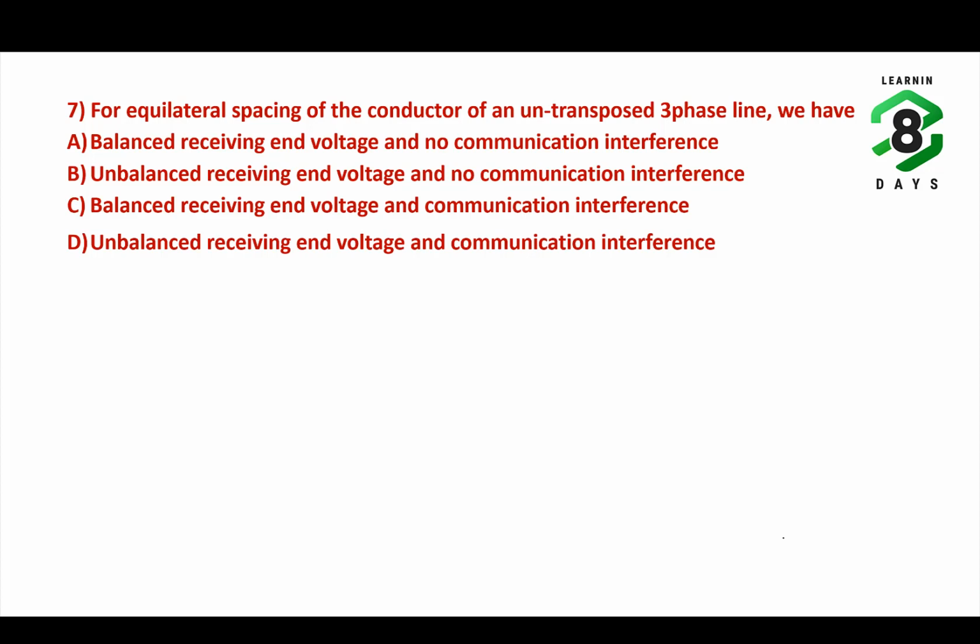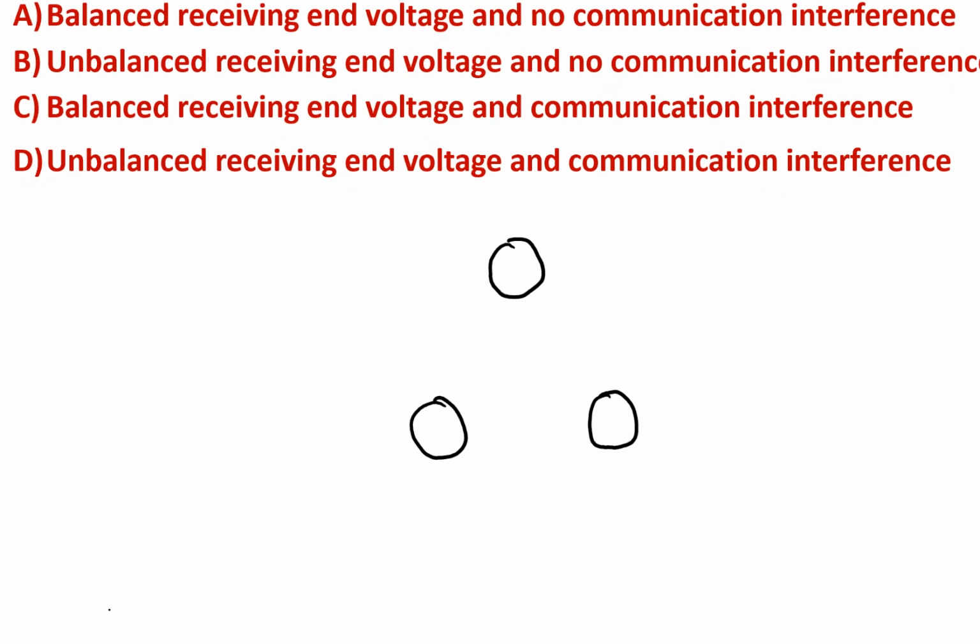When you place the three conductors in the form of an equilateral triangle, that is, if you maintain the spatial symmetry between the three conductors of a transmission line, then if the power system is operating under balanced condition, you need not do any transposition, because by virtue of their symmetry, there is no residual flux left in the vicinity of any of these transmission conductors.